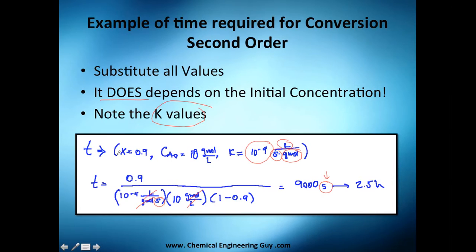Anyways, let's get the time. We got this conversion, and we actually need now the initial concentration, so they give it to you, 10 gram-moles per liter, and you got this k value, which is the same. The only thing that changes is, of course, this value here, and probably we are technically not cheating, but it is very strange that you will get the same constant if it's a second order equation.